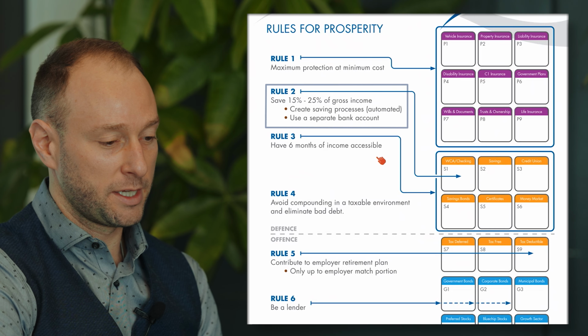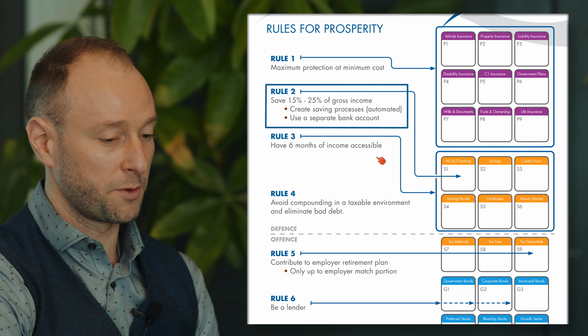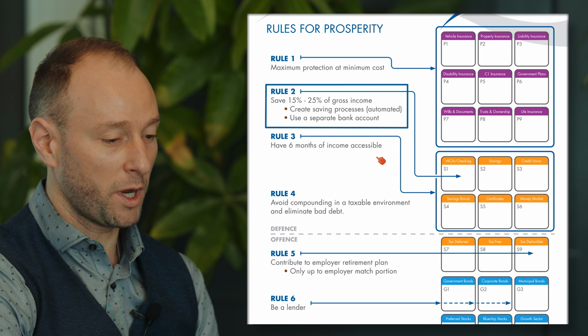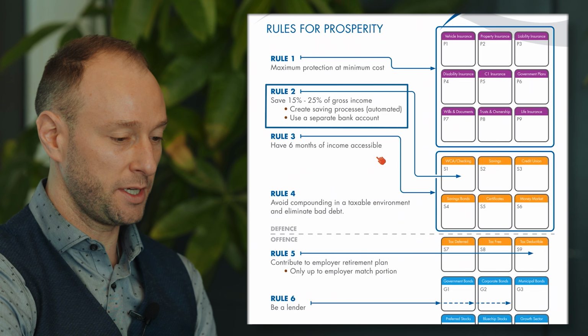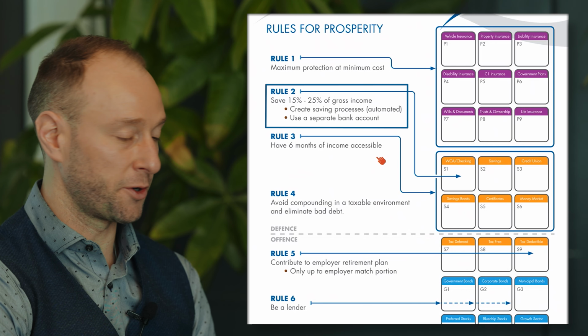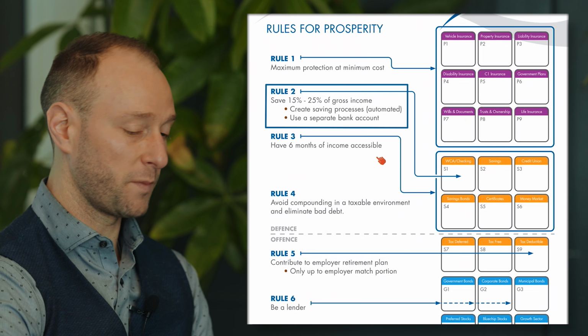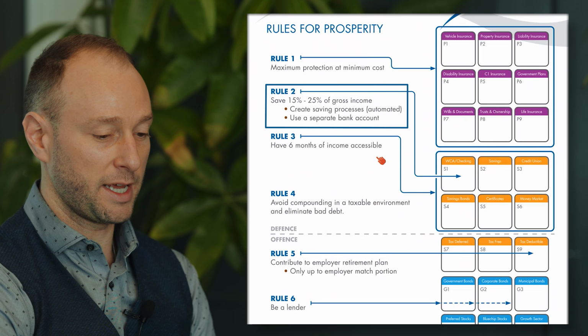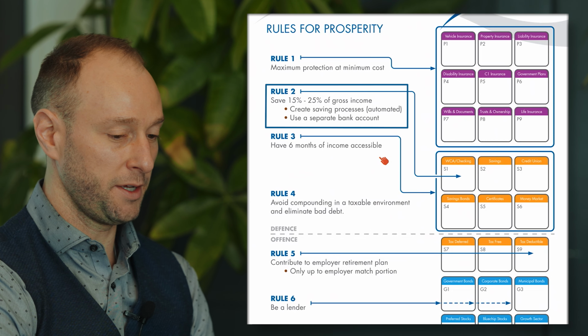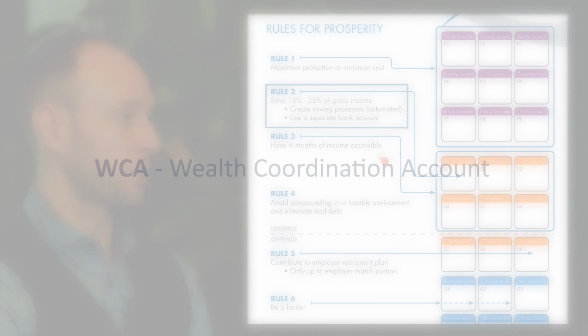I like that. So rule 2 is we want to save at least 15% of your gross income. And we want to make sure that this is an automated process and that it's segregated. So we want to use a separate bank. And we use this S1, it says WCA. That stands for Wealth Coordination Account.